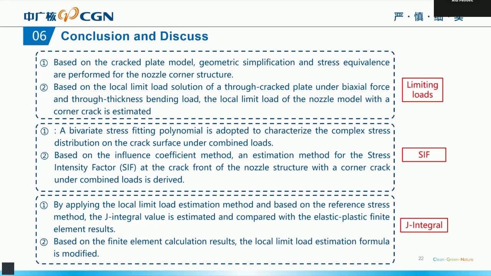And for the J integral, by applying the local limit load estimation method and based on the reference stress method, the J integral value is estimated and compared with the elastic plastic finite element result. And finally, based on the finite element calculation result, the local limit load estimation formula is modified.